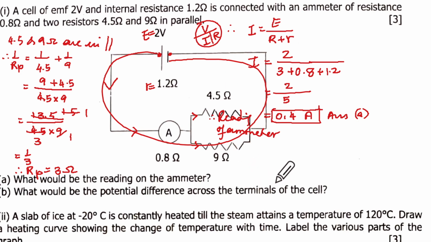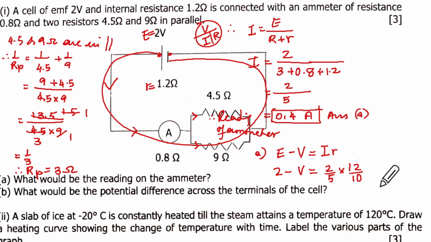Whenever there is terminal voltage, I have told you to use the formula that E minus V is equal to capital I into small r. Okay, EMF is 2 volts minus V, and that is equal to I. I'm writing instead of 0.4, I'm writing 2 upon 5 into how much is internal resistance, 1.2, I'm writing 12 upon 10.